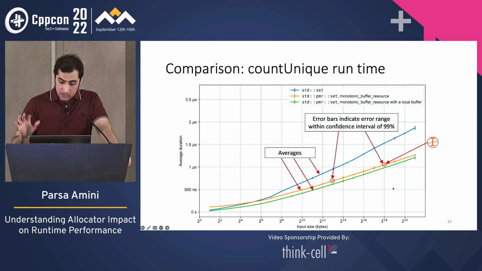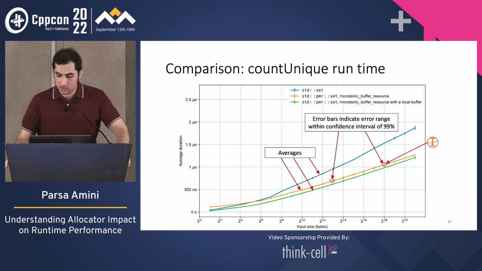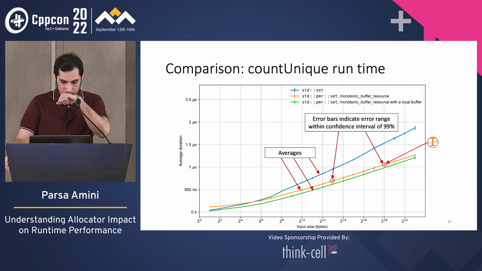And we see that our second contender, the std set with a monotonic buffer resource, and the third contender, the std set with a monotonic buffer resource and a local buffer, take less time to execute, and that using a buffer resource with a local allocator performs better. Remember, this is execution duration, so less is better.